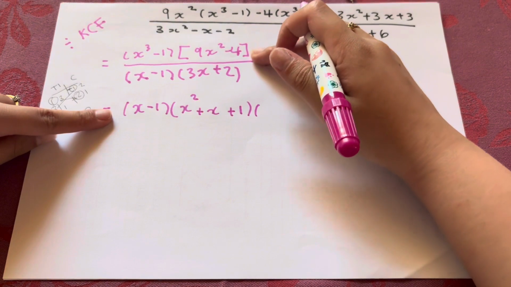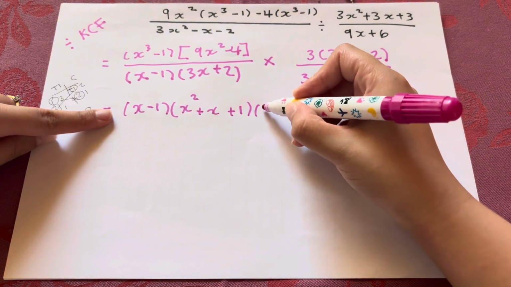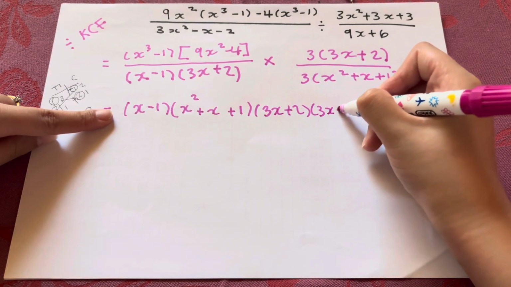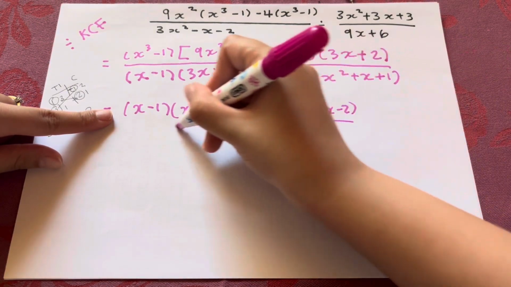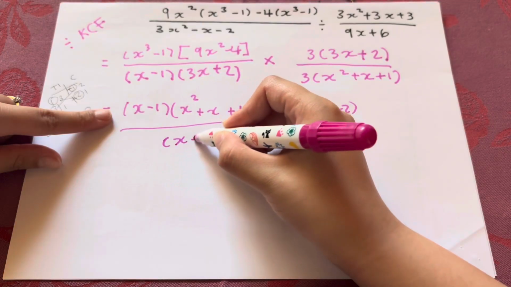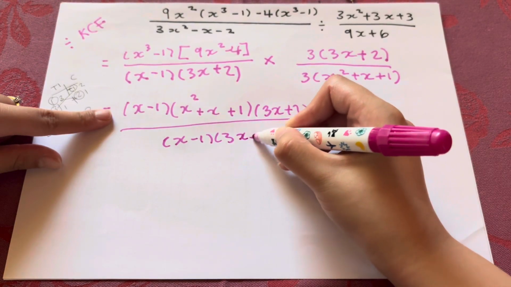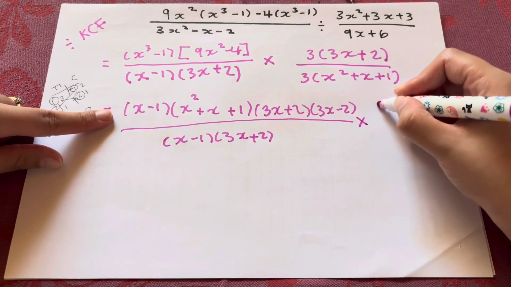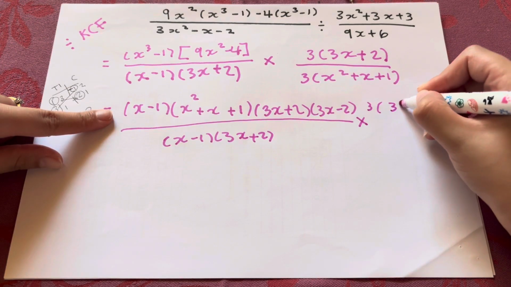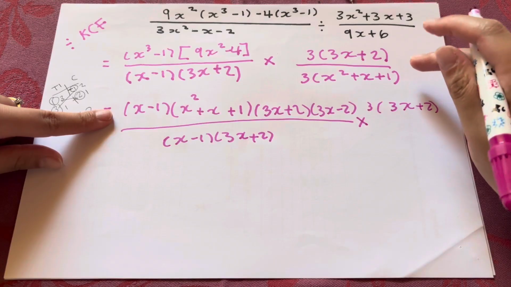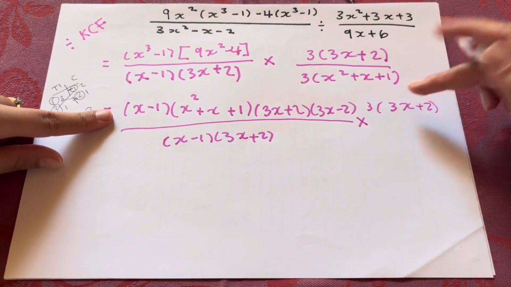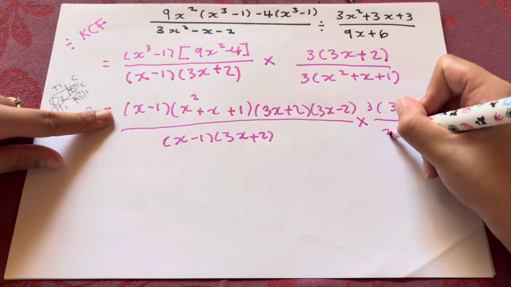This square bracket, I can apply difference of two squares. 3x plus 2, 3x minus 2. x minus 1, 3x plus 2. Over here, 3 by 3x plus 2. And in the denominator, I can't see that this is factorizable by inspection, so we leave it as it is.